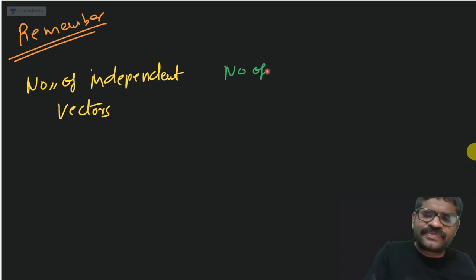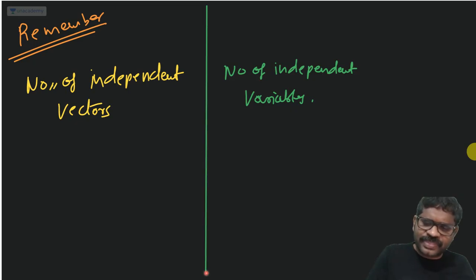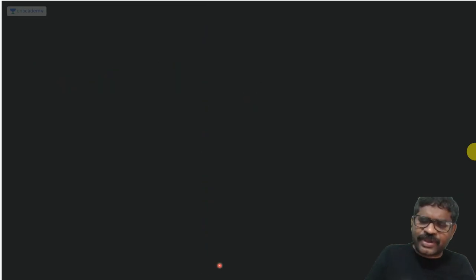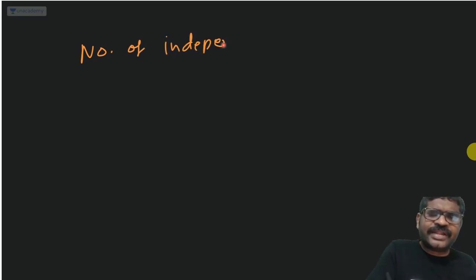Number of independent variables. Okay. Third concept is number of independent eigenvectors.